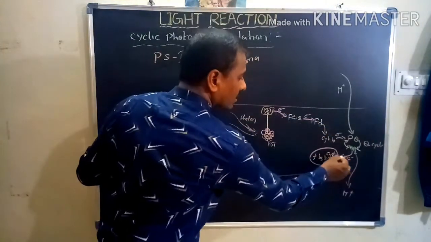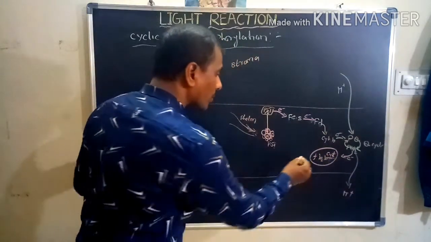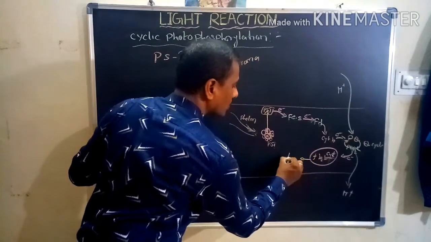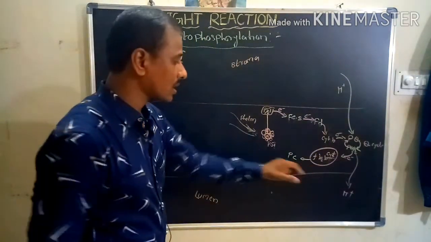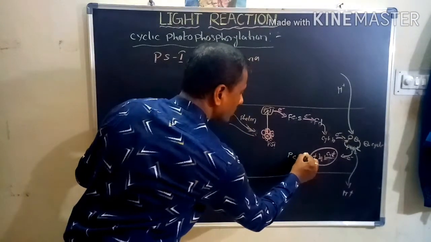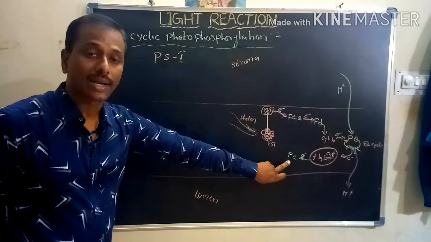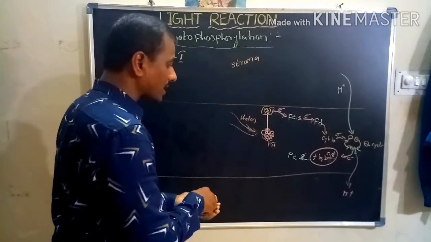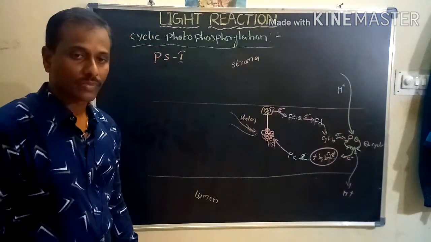See, finally the electron reaches the cytochrome protein. From the cytochrome protein it is transported to plastocyanin. The electron finally reaches the plastocyanin. This is the last electron transporter. It transports the electron to the next, PS1.